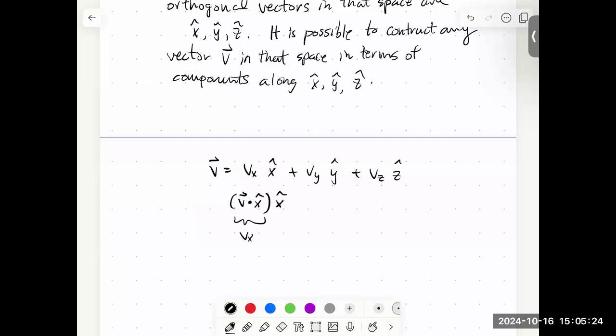So another way of writing this vector is as constructing the coefficients as dot products and then multiplying by the basis vectors.